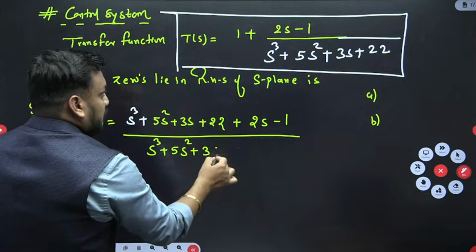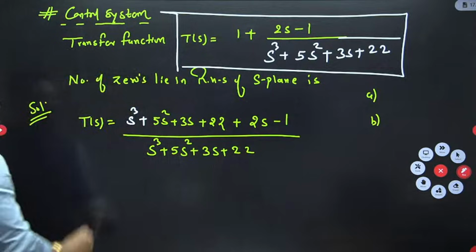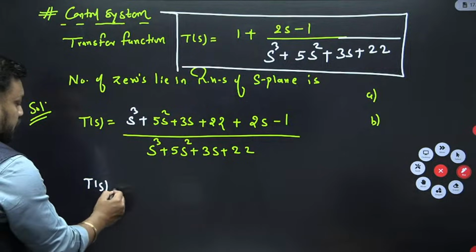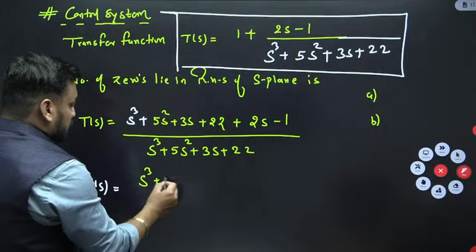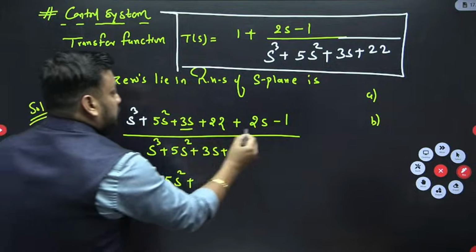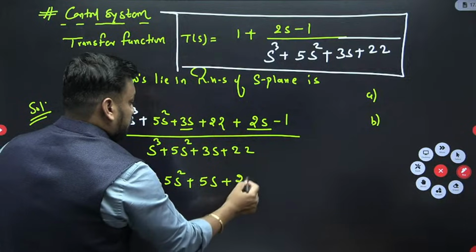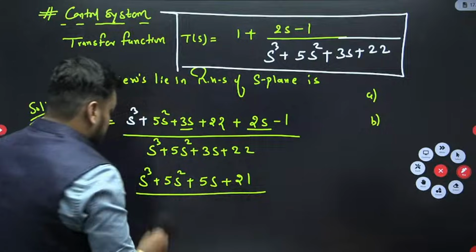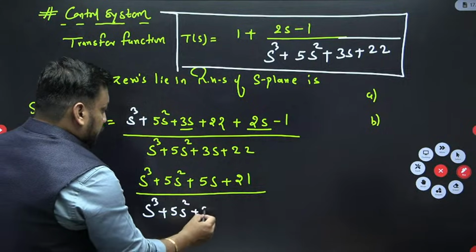Whatever memory based data I received from students, that only I am writing here. Now the transfer function you can simplify: the numerator will carry s^3 + 5s^2 + 3s plus 2s, which becomes 5s, and 22 minus 1 is nothing but 21, upon s^3 + 5s^2 + 3s + 22.